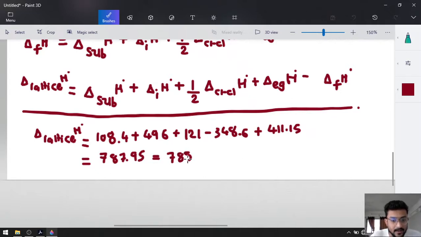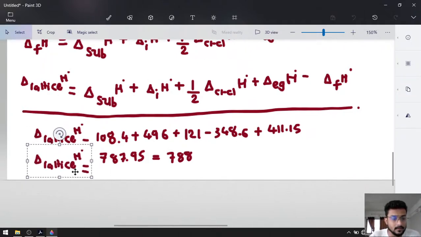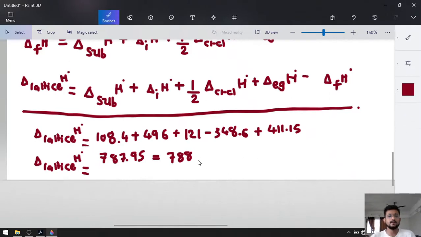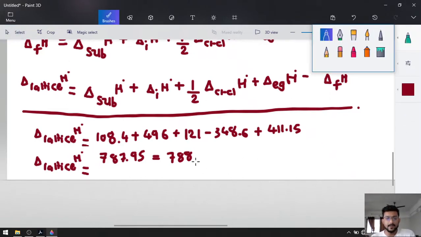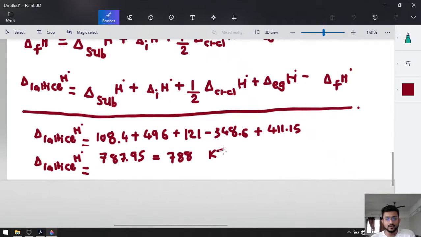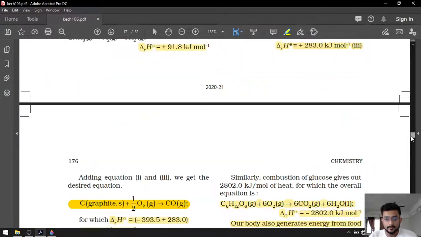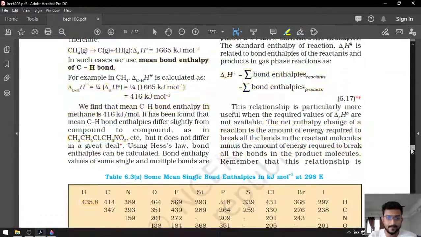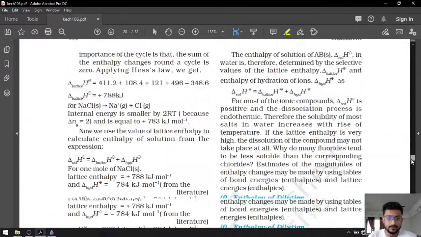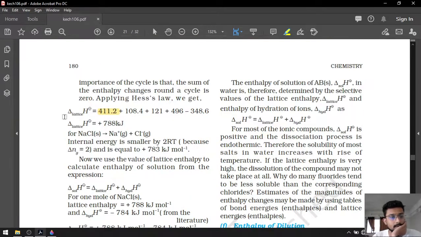So the lattice enthalpy of NaCl will be equal to 788 kilojoule per mole. Okay, look at the textbook. Look at the value. See, it is 788 kilojoule per mole. Clear?